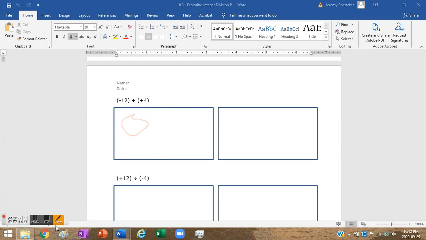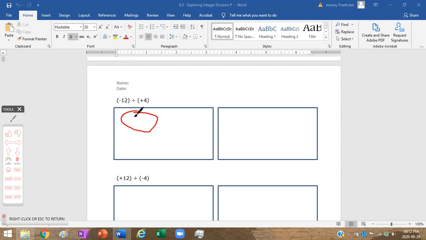Let's just try that again. Circles. So I've got positive 4 groups. I've got negative 12 that's got to go in there. 1, 2, 3, 4. It's like I'm dealing. 5, 6, 7, 8, 9, 10, 11, 12.